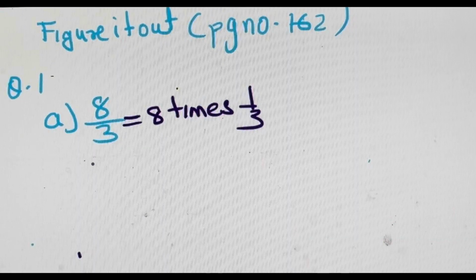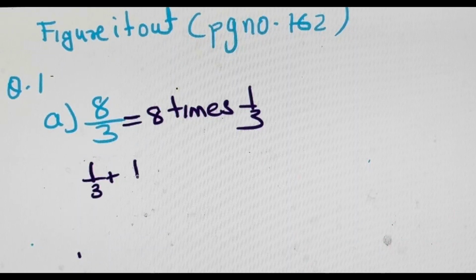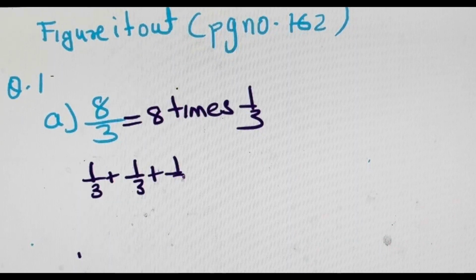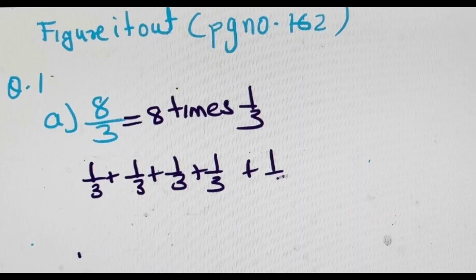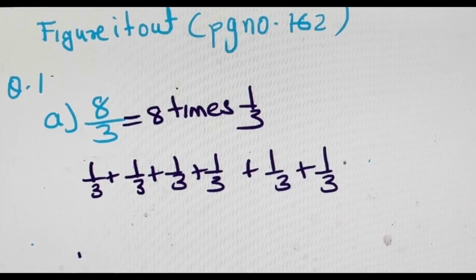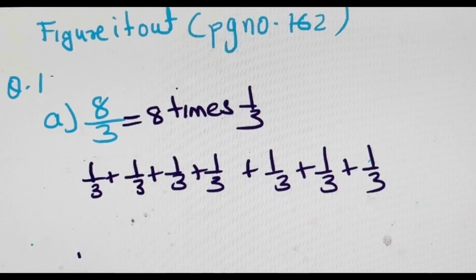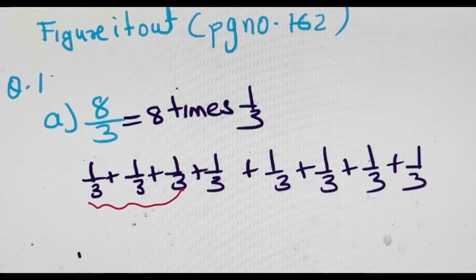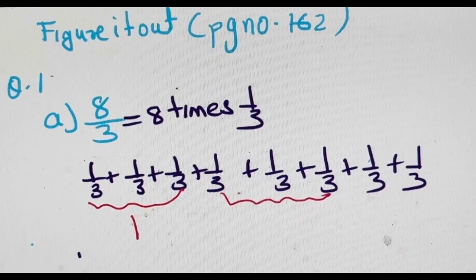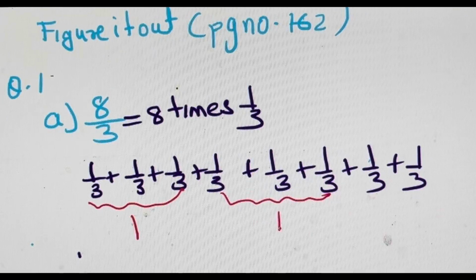So if I write 8 times 1 upon 3, 1 upon 3 plus 1 upon 3 plus 1 upon 3 plus 1 upon 3 plus 1 upon 3 plus 1 upon 3 plus 1 upon 3 plus 1 upon 3. If you remember, we know that 3 times 1 upon 3 makes 1 whole. So this is 1 whole. Another 3 times 1 upon 3 makes 1 whole.